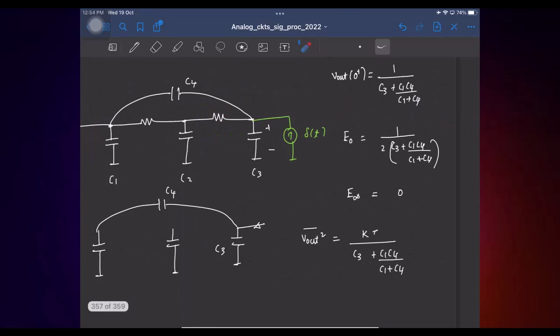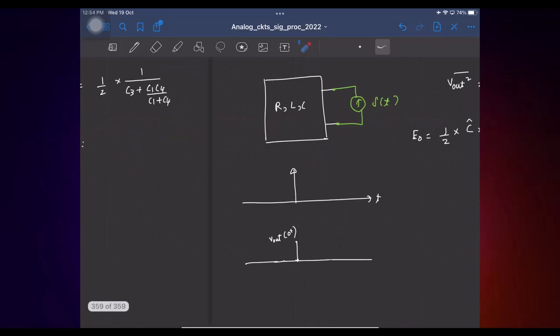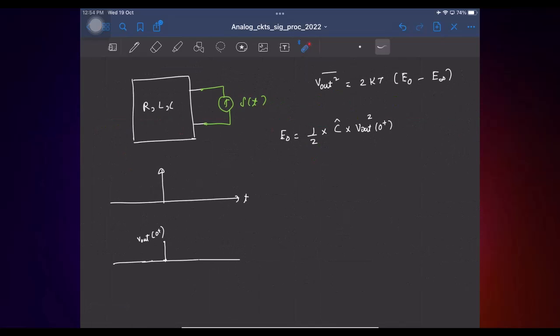In this case, it didn't flow through here. And if I didn't have this path of C4, the only path it will take is through this. Is that clear? So it is some capacitance, say C hat, times the initial voltage V out of 0 plus square. So I'll write it as C hat times V out of 0 plus, times V out of 0 plus.